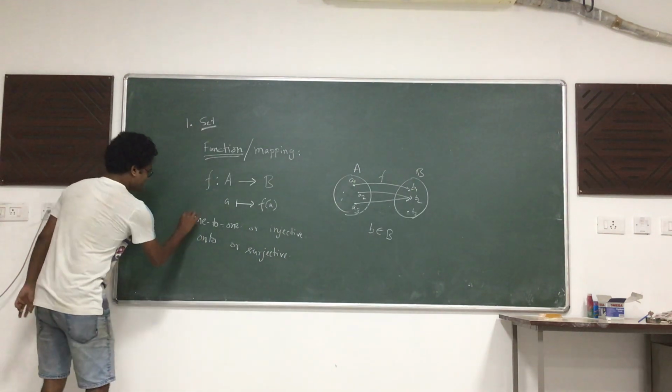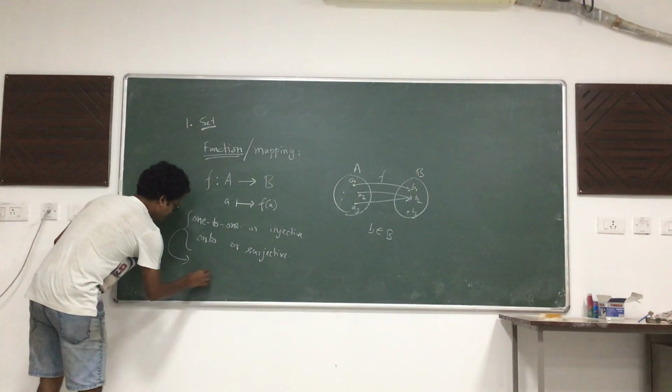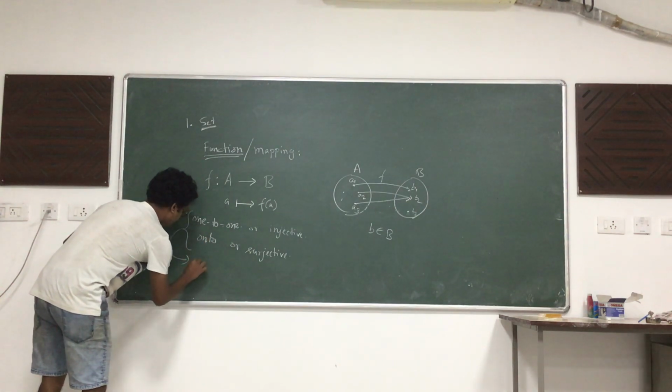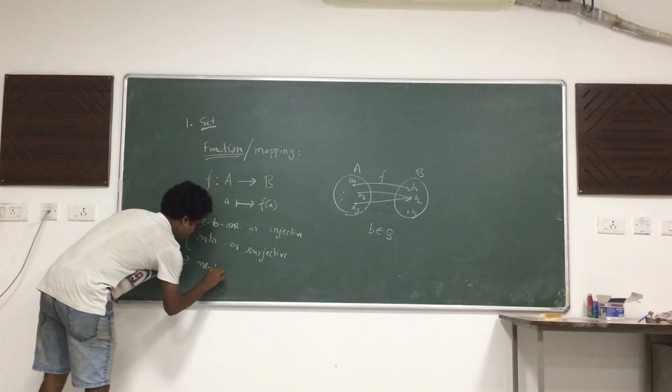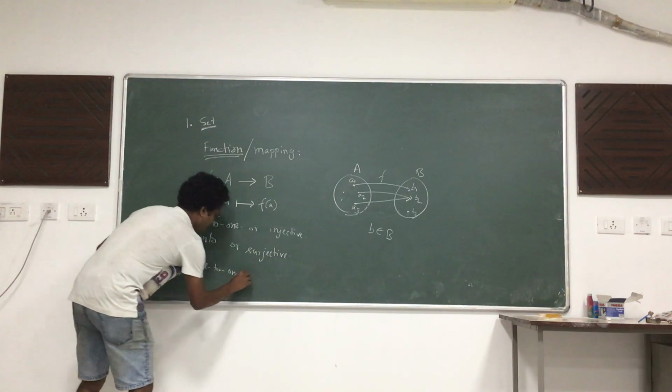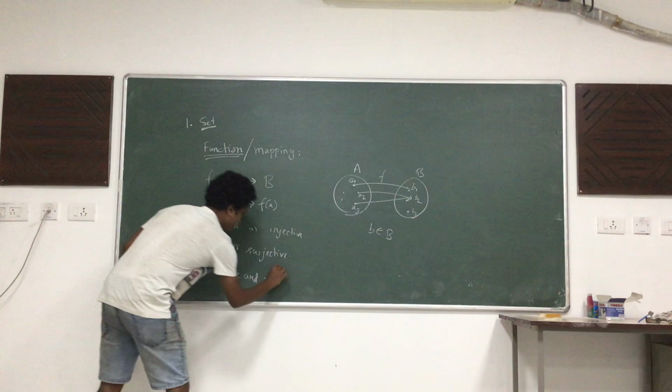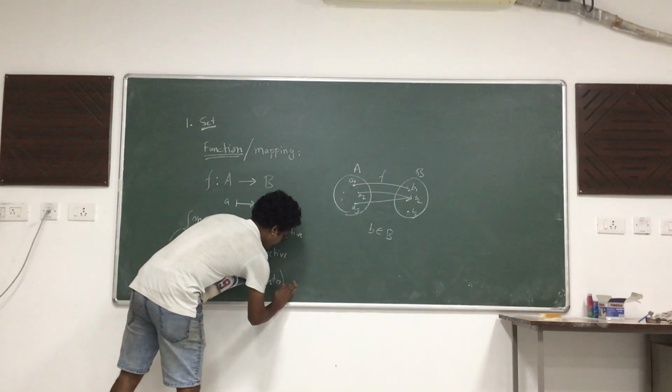And if these two conditions are satisfied together, then we call it one-to-one and onto, or bijective.